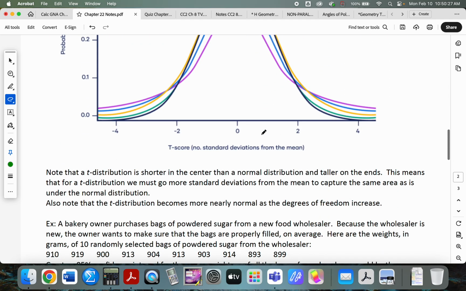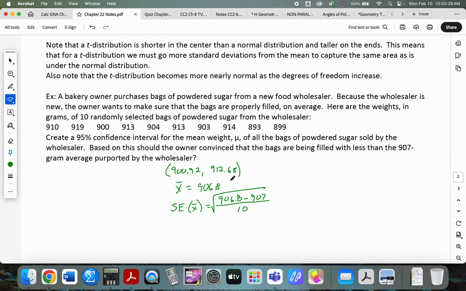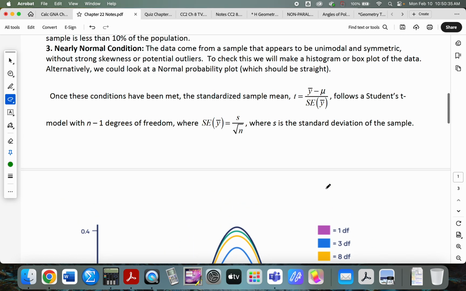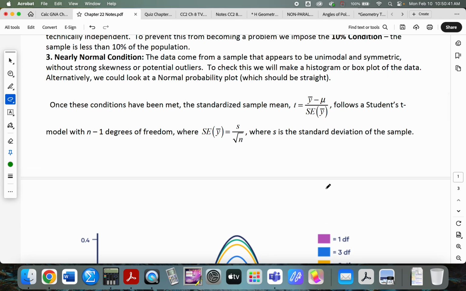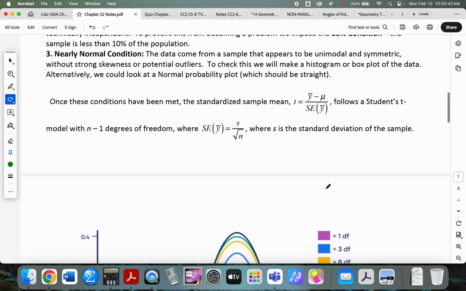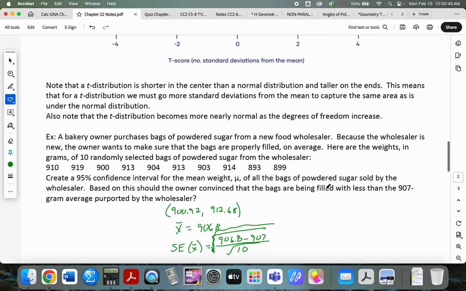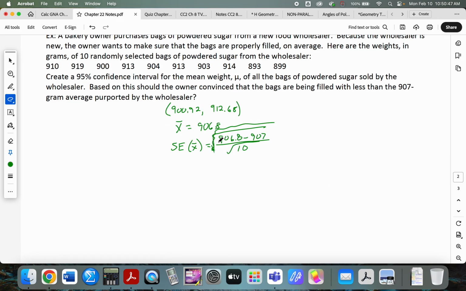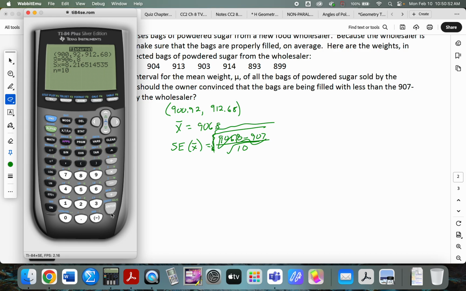Oh, sorry, the square root in the denominator, not in the numerator. Oh, that's where we get T. Anyway, so we've got our T interval there.